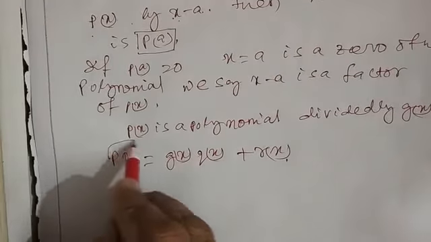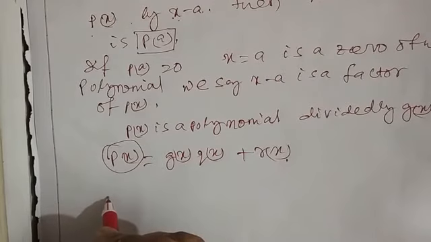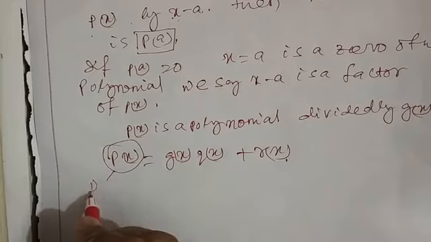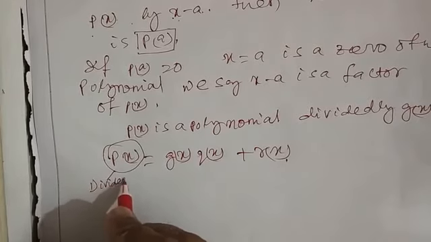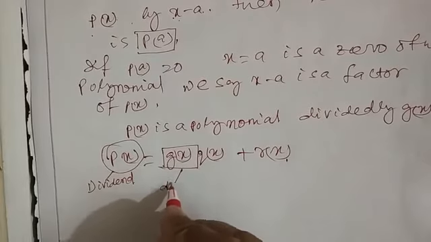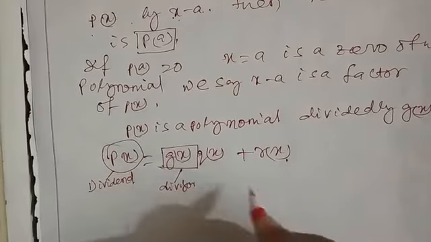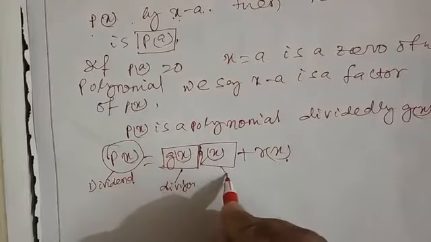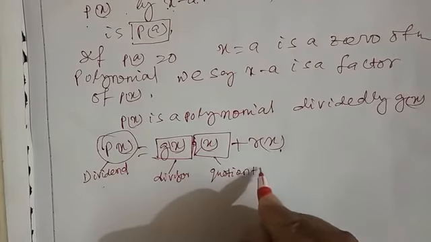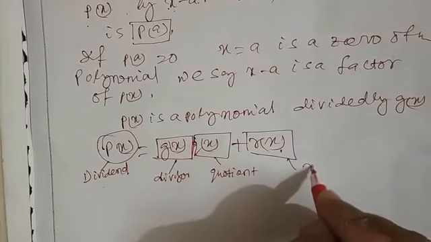And I may write p(x), I may write f(x). And this p(x) is the dividend. And this g(x) is the divisor. And this q(x) is the quotient. And this r(x) is the remainder.